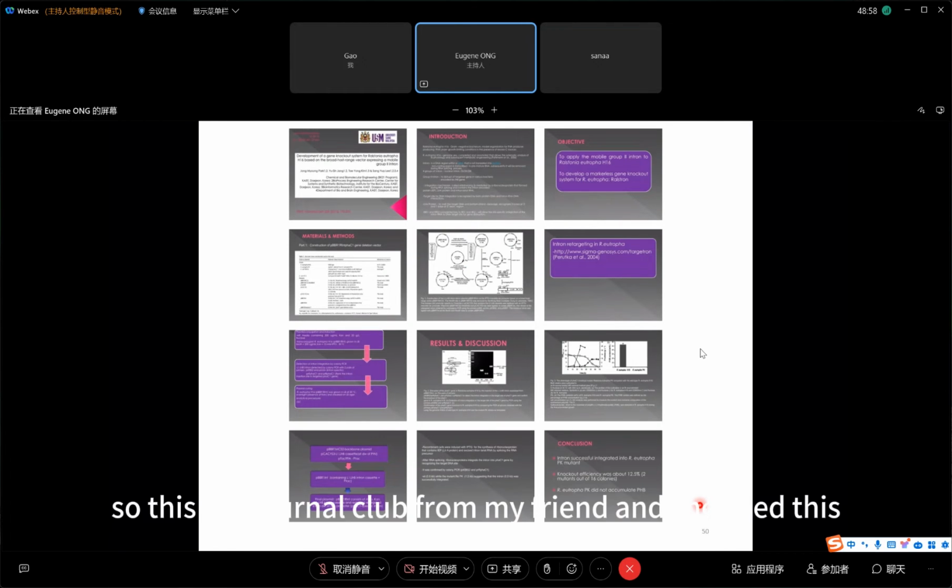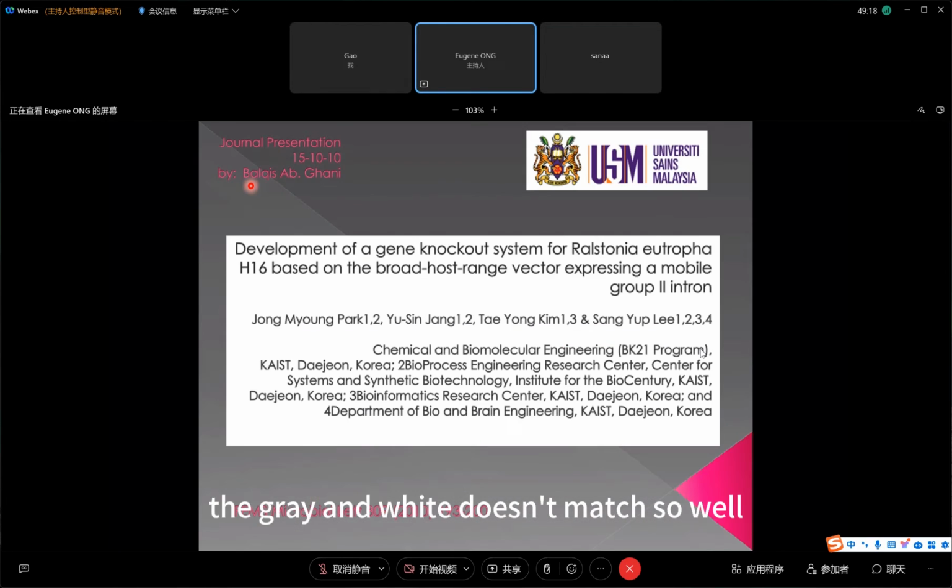Okay, so this is a journal club from my friend, and she used this. As I mentioned, when you have decorations like this and different colors and so on, it becomes distracting. Also, in this case, the gray and white don't match so well because it's difficult to read.